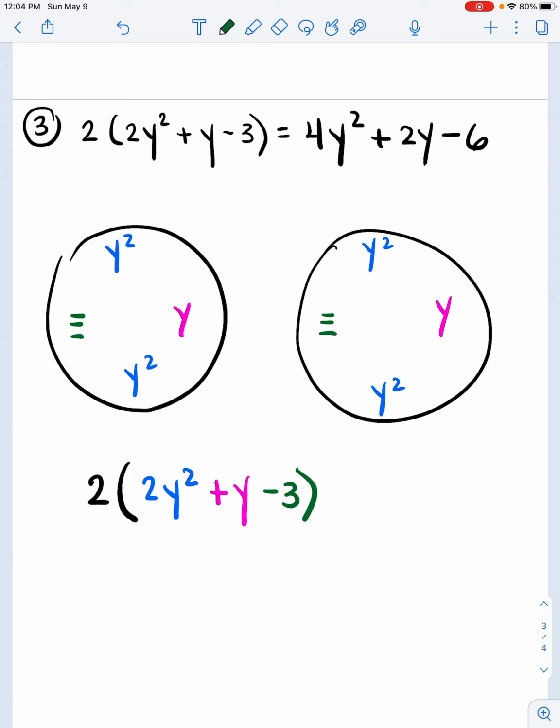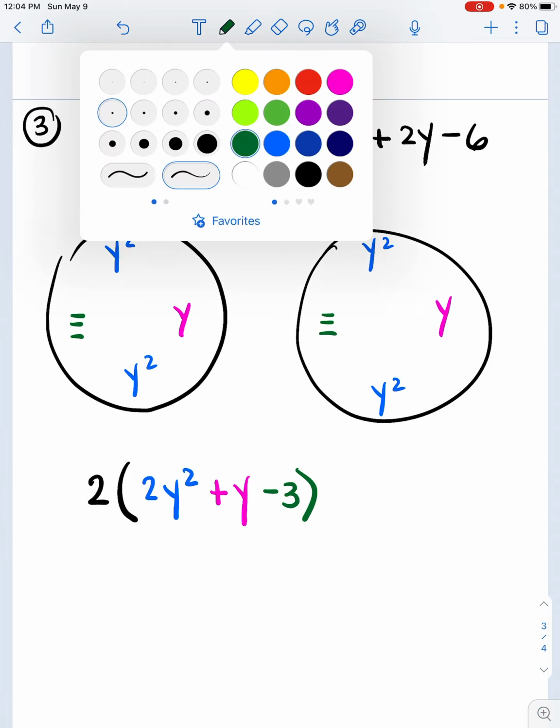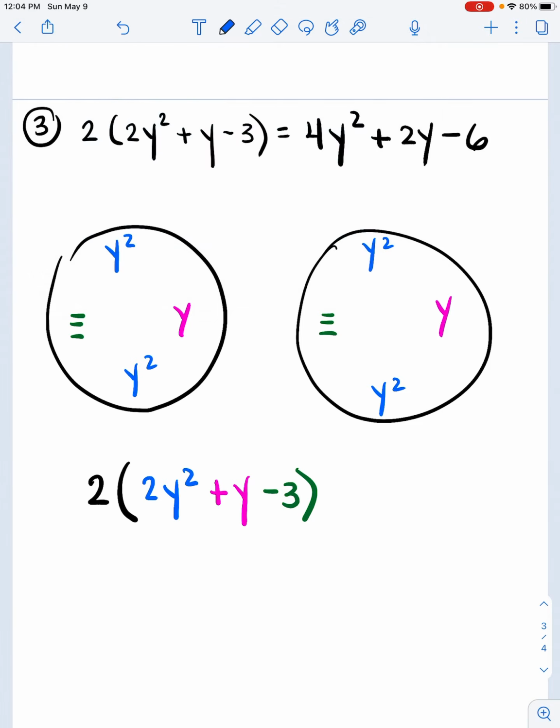All right, and let's see what we get here. So we're going to do 2 times 2y squared. Well, 2 times 2 is going to be 4, so we have 4y squared.